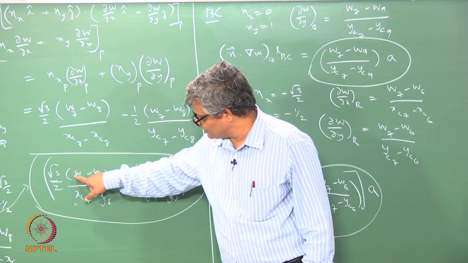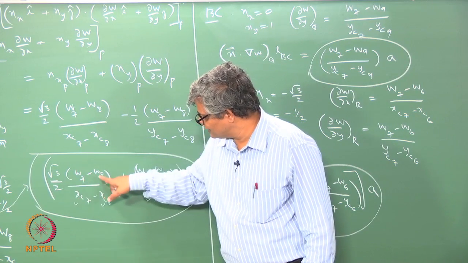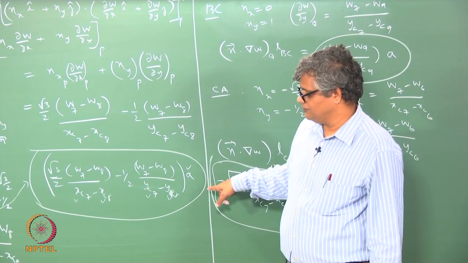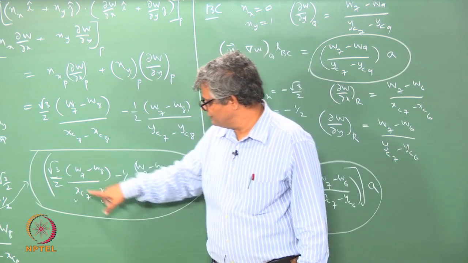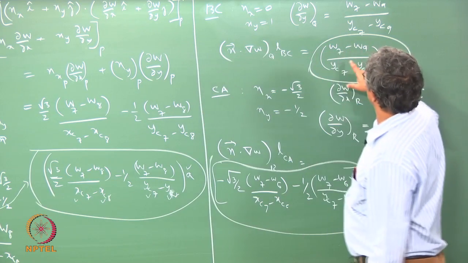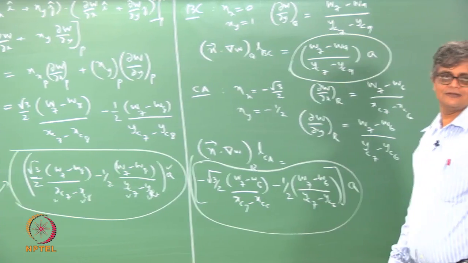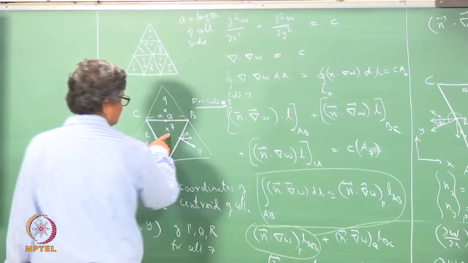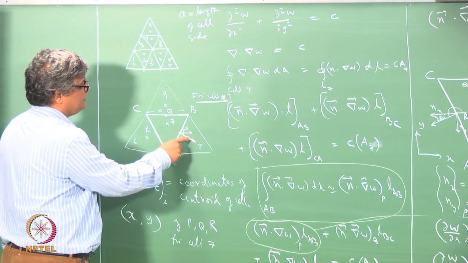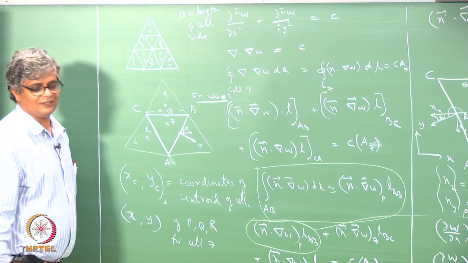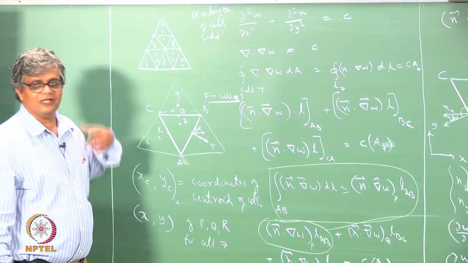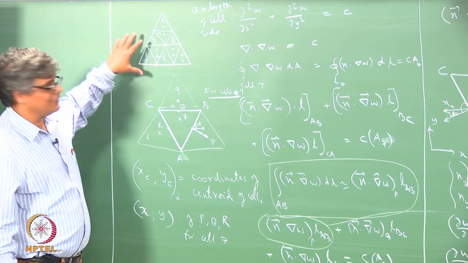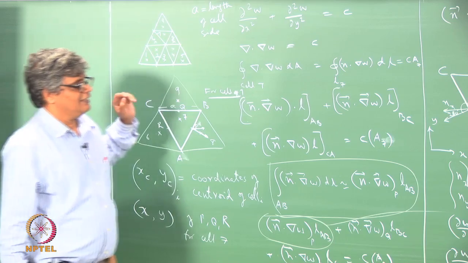So those become the coefficients of W7, W8 and all that. So that will give us a linear equation involving W7, W8, W9 and W6. So the node itself and the 3 immediate nodes which are surrounding it, and that becomes an algebraic equation for this particular cell.